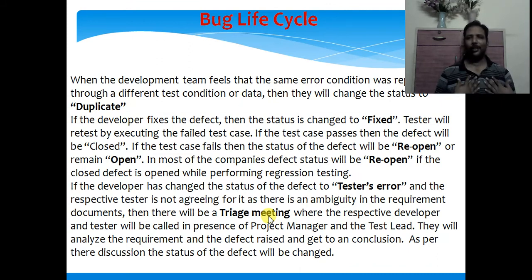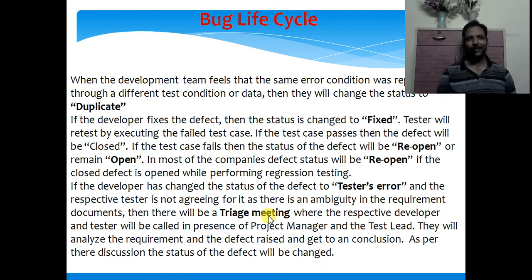As a test engineer who raised the defect, I will be there, and the developer who wrote the status as tester's error will also be there, and they will discuss that defect. Each and every person will give his own clarification.